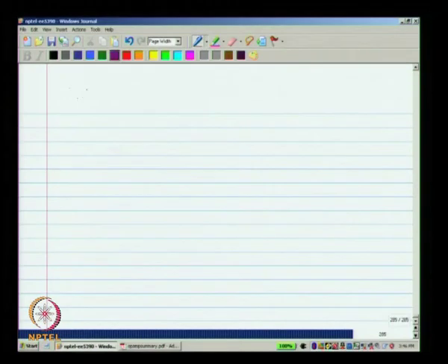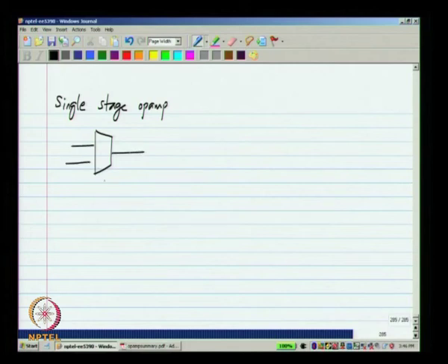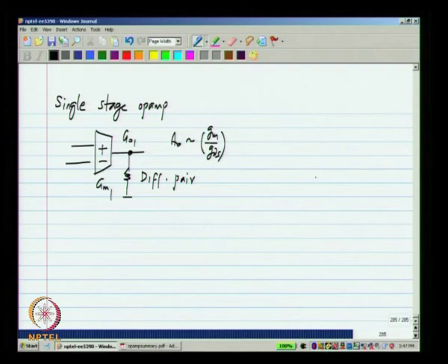what did we have? We have a single stage op amp of some Gm1, and this is just the differential pair. It has some Go1 and the DC gain is of the order of Gm by Gds of a single transistor.